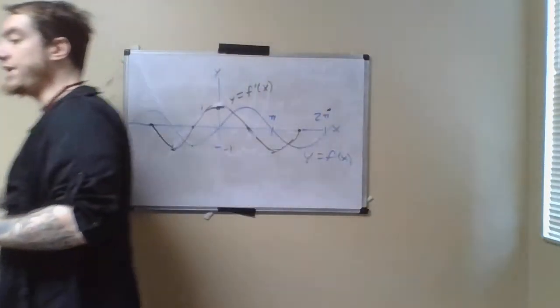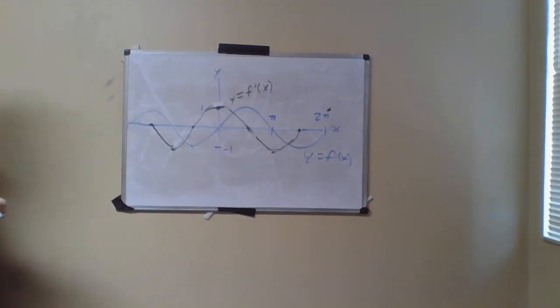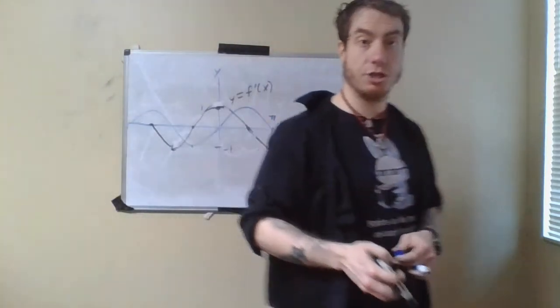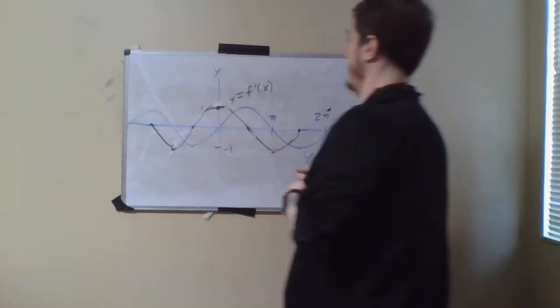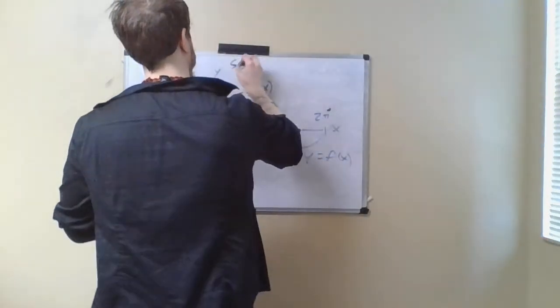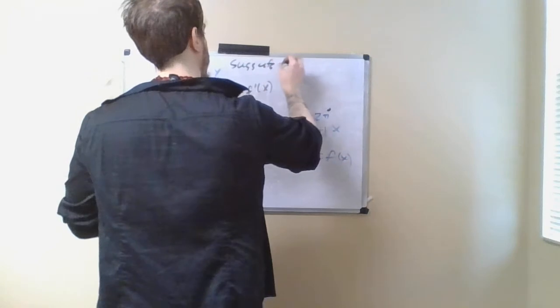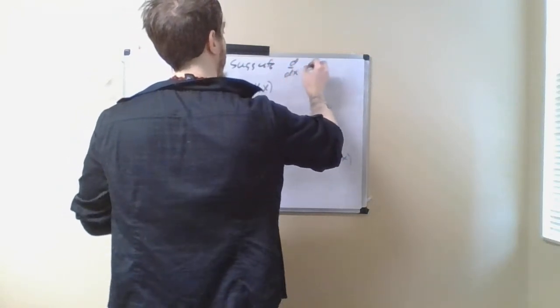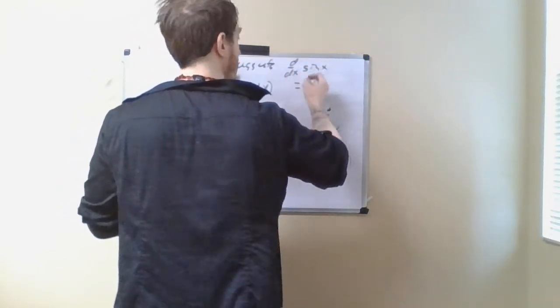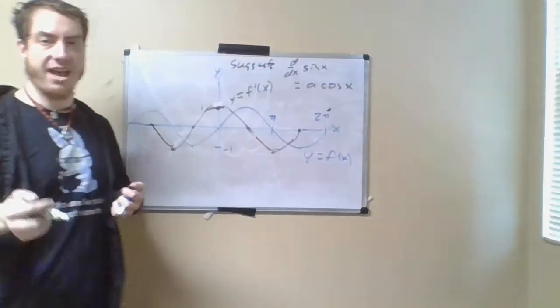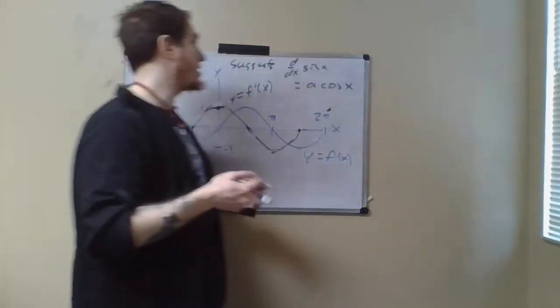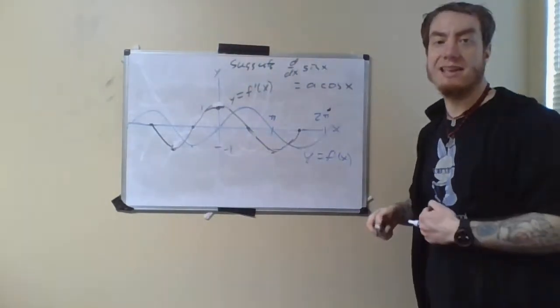And so that is exactly what we are going to see when we actually do the proof. But this intuitively suggests that the derivative of sine x should be at least proportional to the cosine of x. And maybe we need to do a bit of work to think about what that proportionality is.